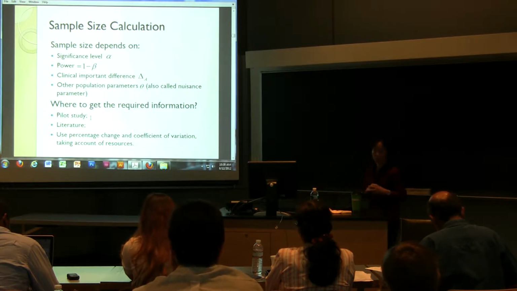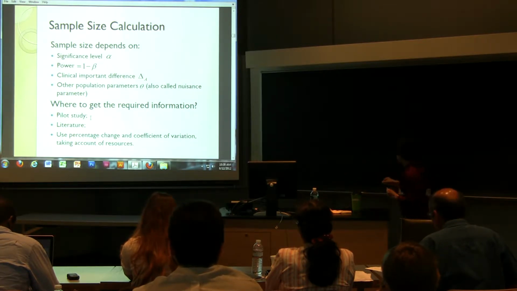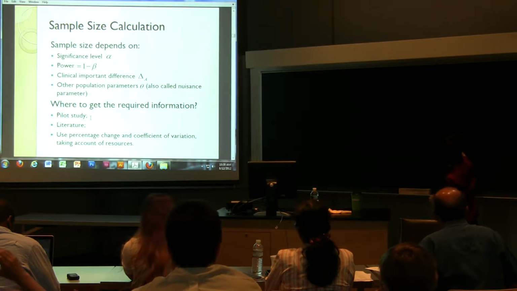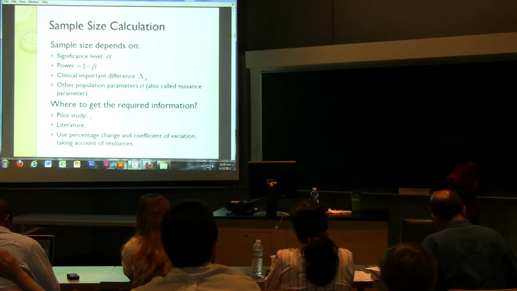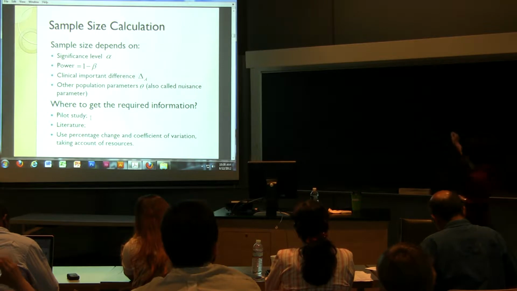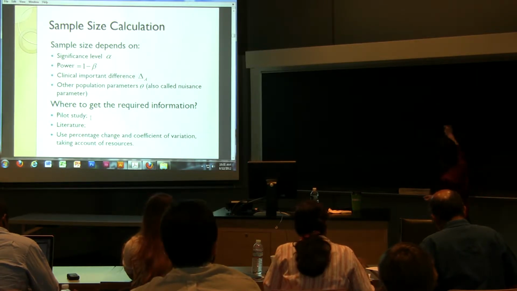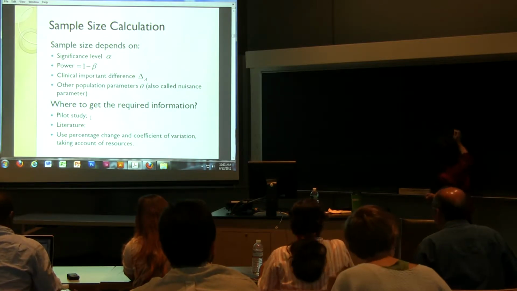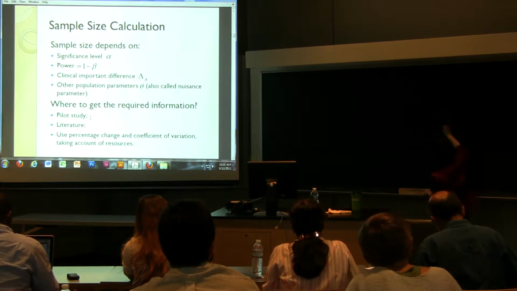Because as I mentioned previously, the sample size is negatively correlated with the interest difference, the group difference, and positively correlated with the standard deviation, if we say delta, sigma.